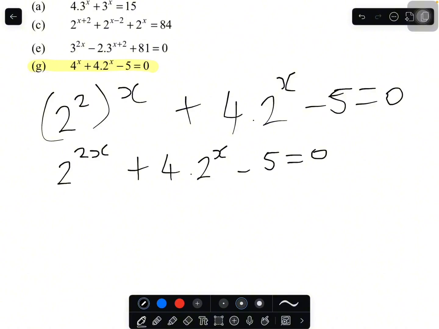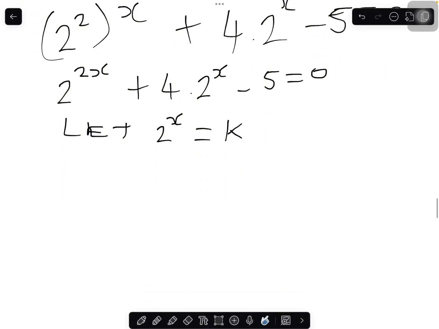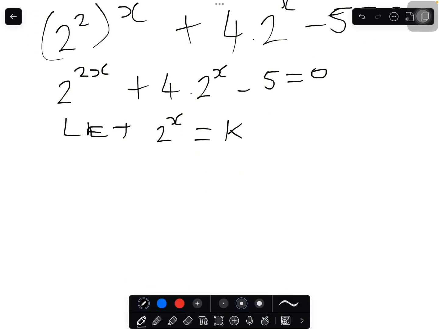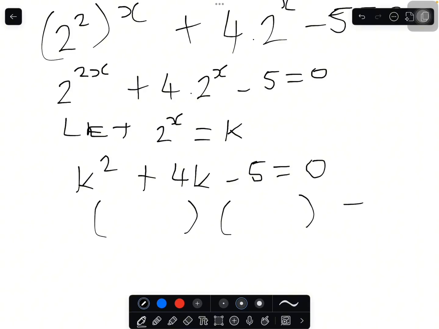And now since we have this middle term that's half the first term, we can say let 2 to the x equal k. And in doing so, this is now going to change to k squared plus 4k minus 5 equals 0. I'm going to open my brackets, equal 0. I'm going to have 5, I'm going to have 1.